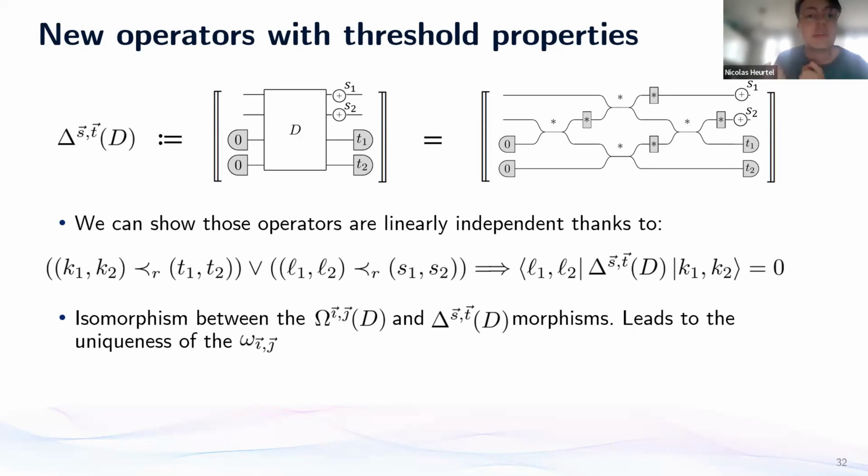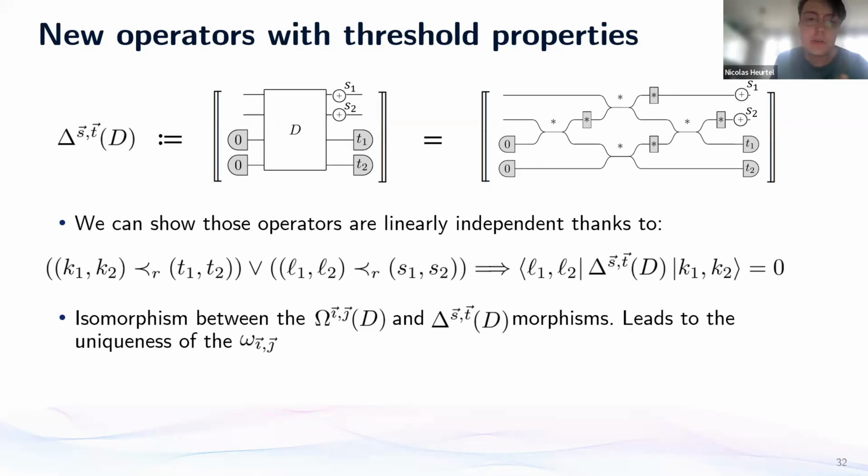And as there is a correspondence between the omega and delta, then we conclude about the uniqueness of the omega. Just mentioning, so the omega are unique. Then the pair, the tilde F and tilde G I presented to you, are too.